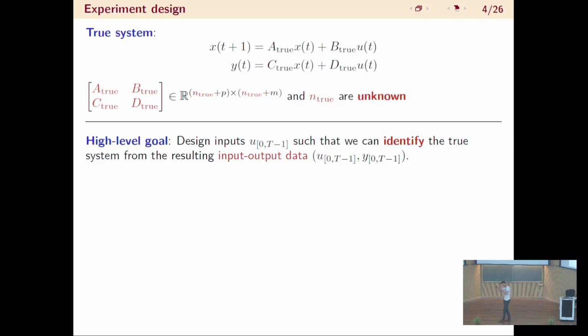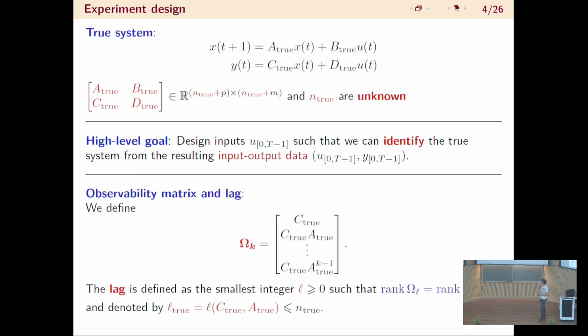I apply those inputs to my system. In the end, I'm going to obtain this input-output data, u, y, and I want to guarantee that my choice of inputs is correct, in the sense that after collecting all these data, I can indeed identify the system. That's my goal.